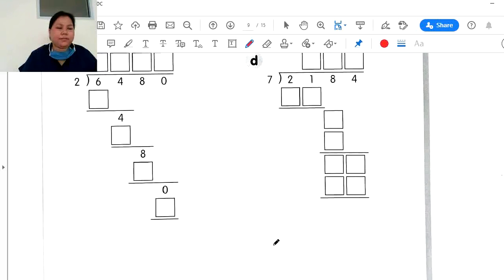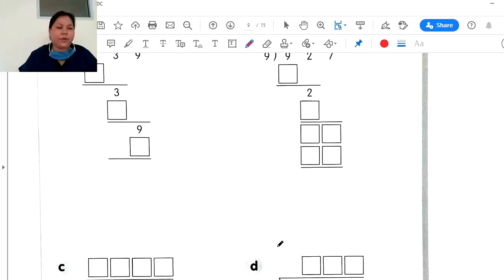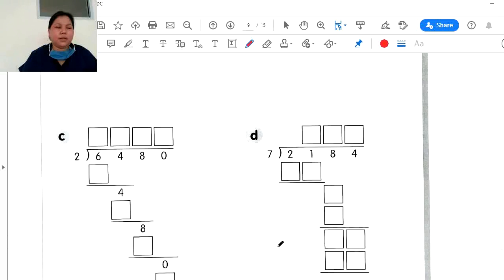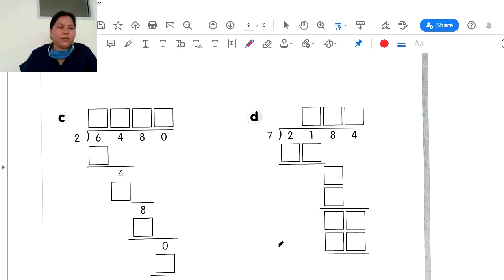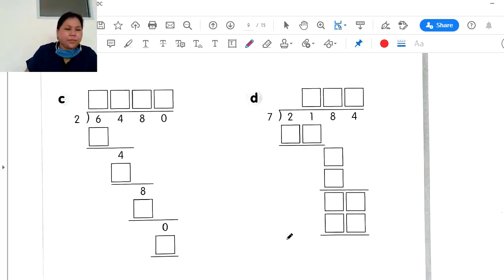How to divide? I will give the example for you, the very last question, because maybe it's going to be more complicated.